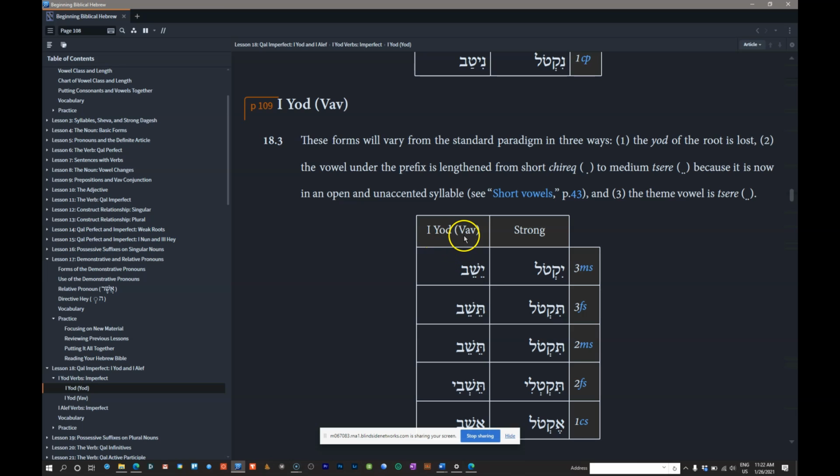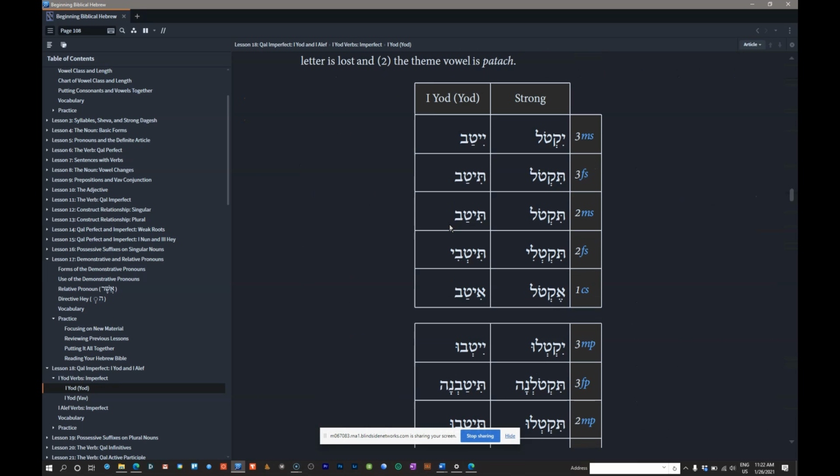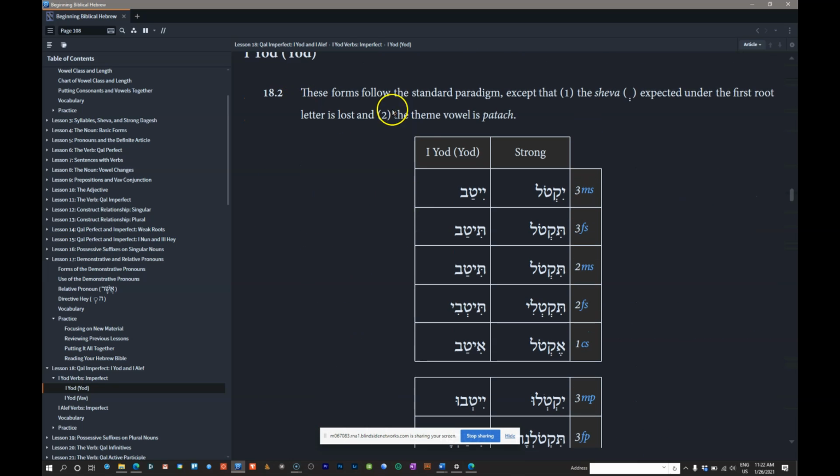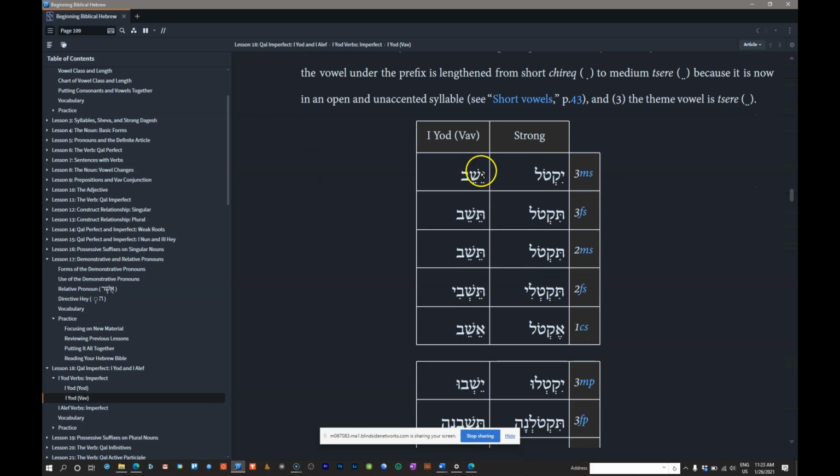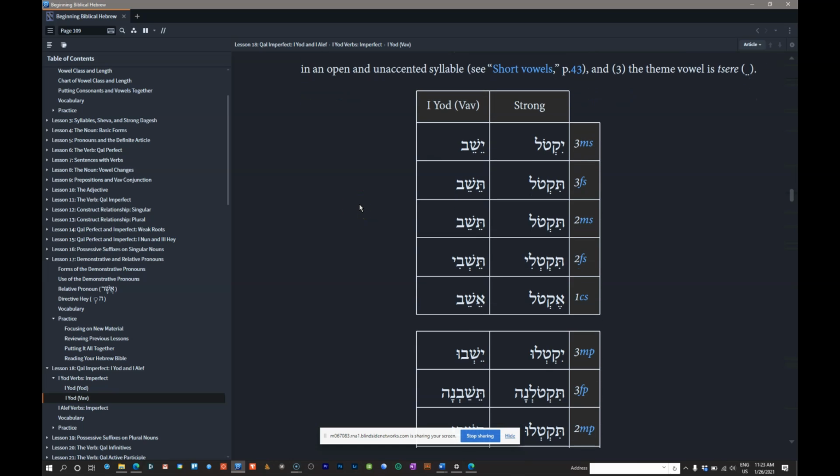But these one yod vavs, these are verbs that even though the first letter is yod in the Bible, in ancient Hebrew, the first letter used to be vav. And because the first letter used to be vav, these words are going to conjugate differently than first yods where the first letter was always yod. These are different types of verbs because they used to have a different first root letter.